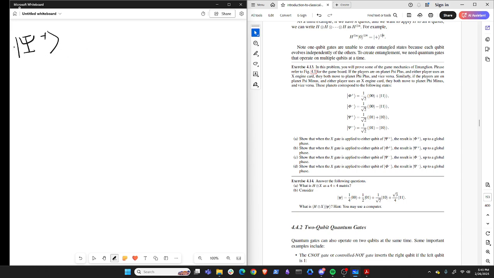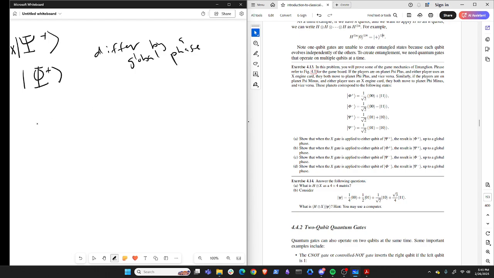When we apply an X to either qubit here, we'll get this thing plus, up to a global phase. So they'll differ by a global phase, but a global phase is irrelevant, as global phases don't change the measurement outcomes. They don't change the amplitudes.